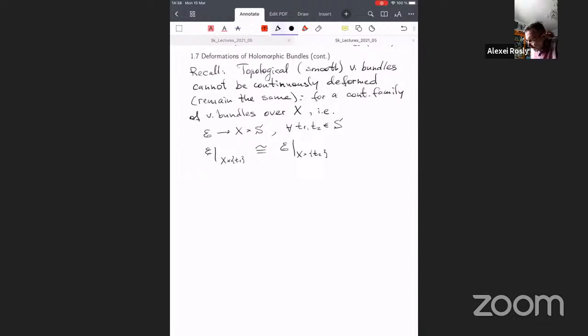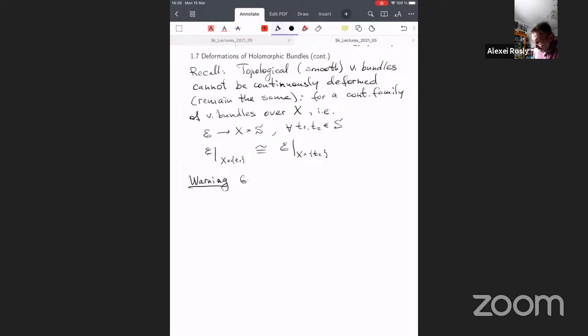Okay, now let me also remind you of a warning which was issued at the end of the last lecture. We learned that the space of infinitesimal deformations of a holomorphic vector bundle is given by a cohomology group, which I will write down now.